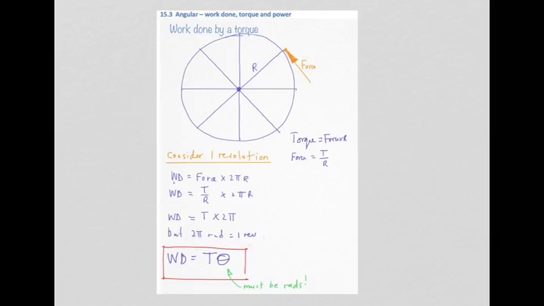So how about we replace the 2 pi with theta, because whatever portion of a turn you rotated through would be taken care of if you just simply put this term in as theta radians turned through.